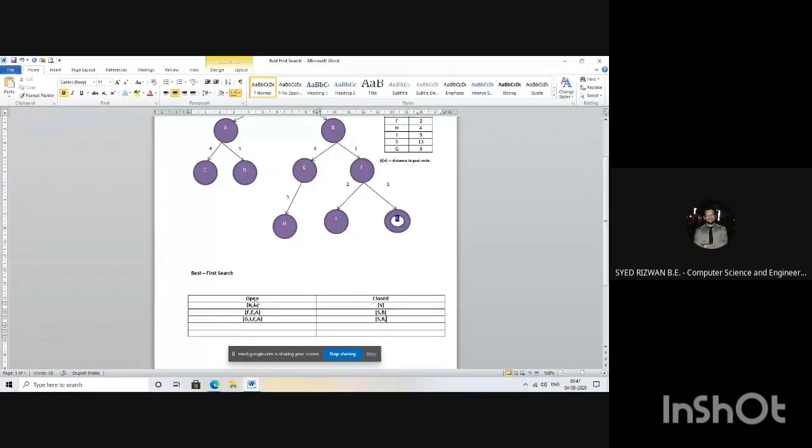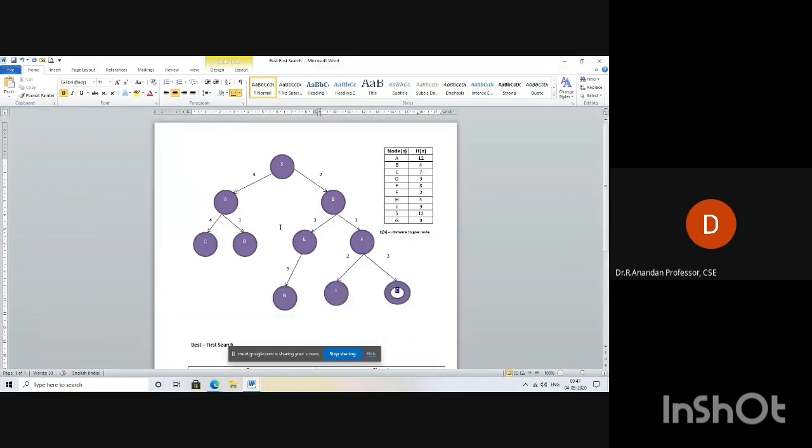Sir, can you repeat again, sir? Yes. Now this is a graph given to you and this is a table given to you. This table represents the distance of each node to the destination. This is a cost given for the node. For the node S, the cost is 13 to reach the goal.